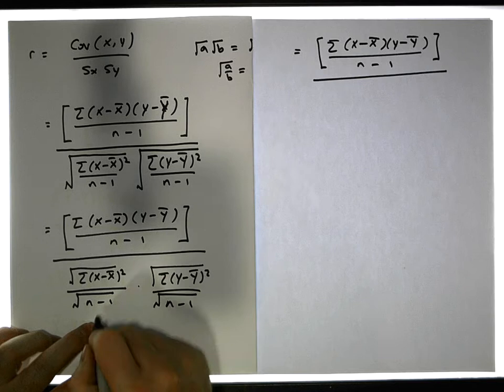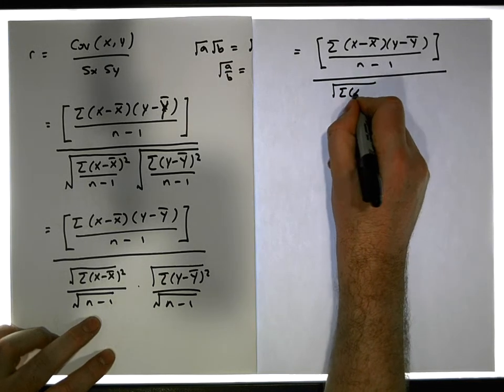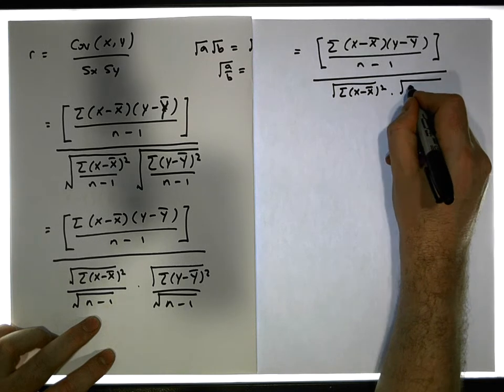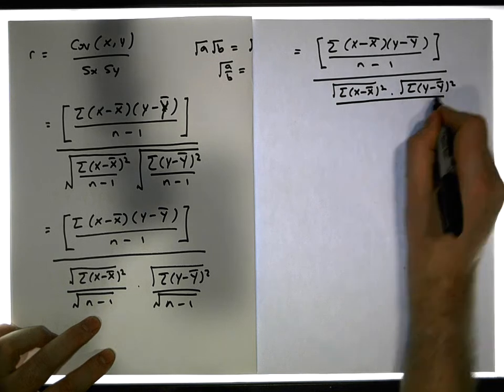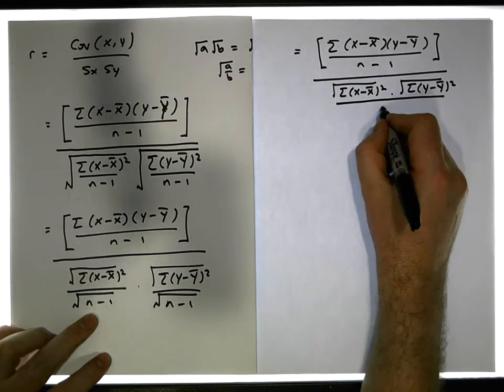It's the square root of the sum of the x's minus the x bars squared times the square root of the sum of the y's minus the y bars squared, all over the square root of n minus 1 times the square root of n minus 1, which is the same as n minus 1.